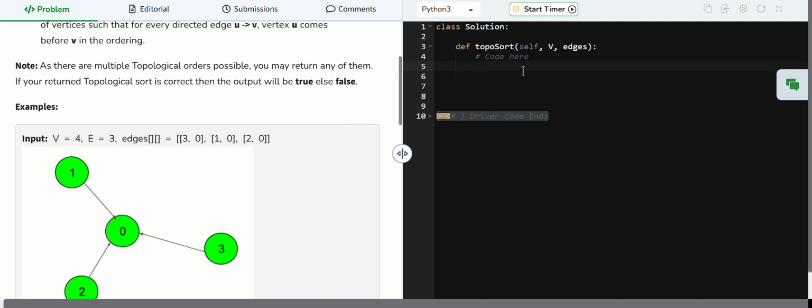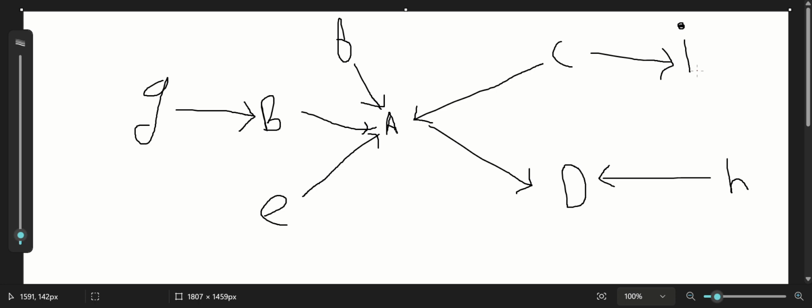In this video we are going to solve this problem using Kahn's algorithm. So what does it state? Let's take this example. This is one graph, where G goes to B, then F to A, then B to A, then E to A, and so on.